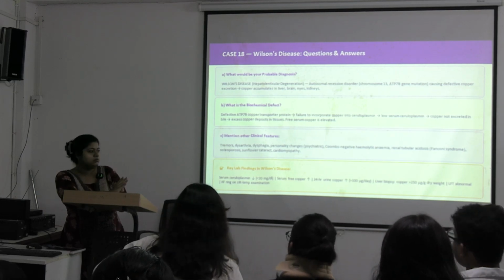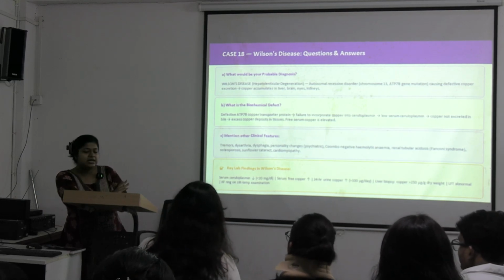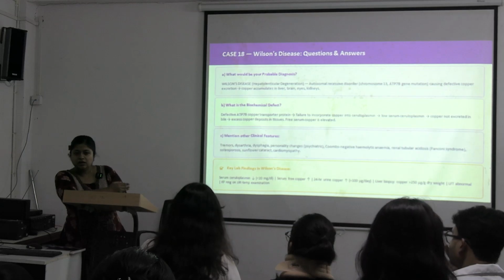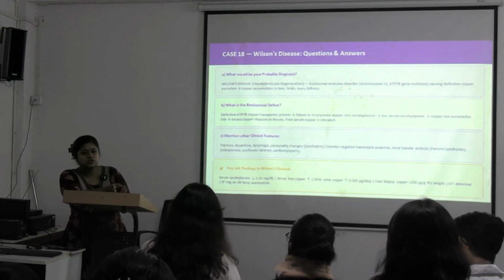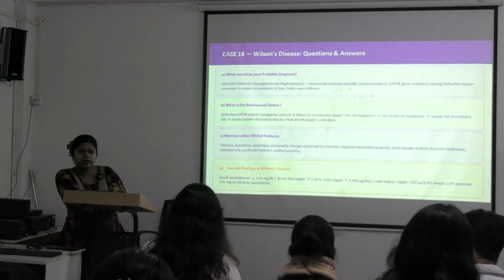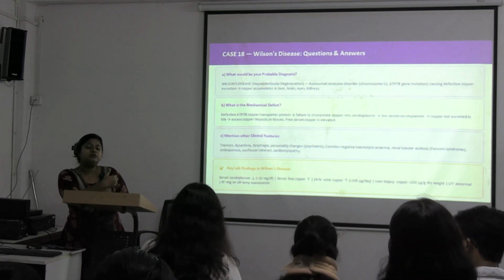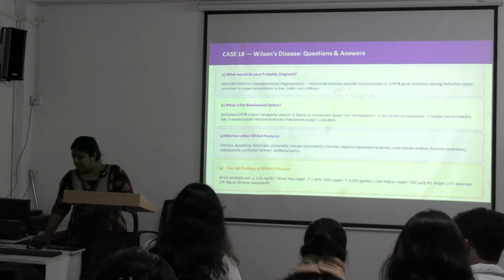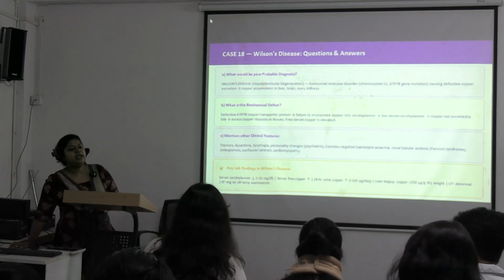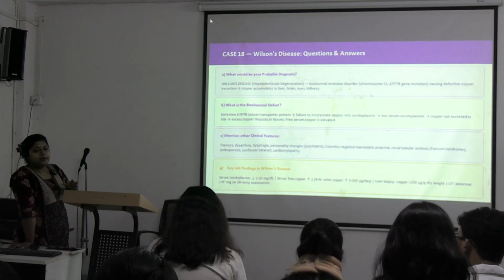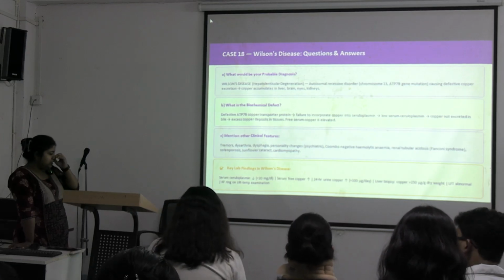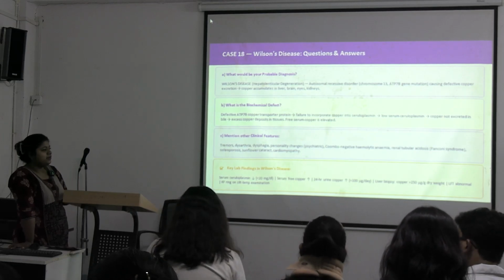If in slit lamp examination the Kayser-Fleischer ring is seen, that will suggest copper deposition, and for further neurological evaluation we can go for MRI also. For confirmatory diagnosis we can do liver biopsy to see whether the copper concentration in dry tissue is high or not. It will be very high.